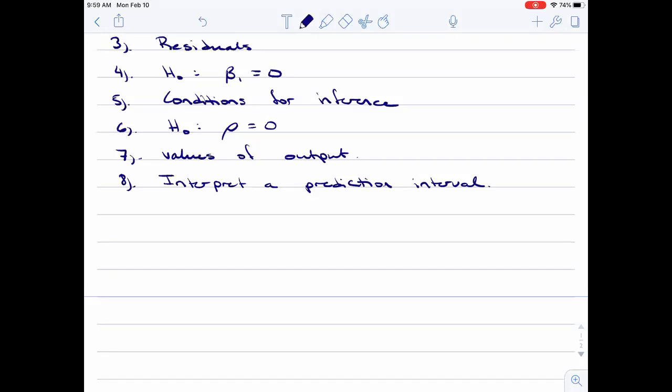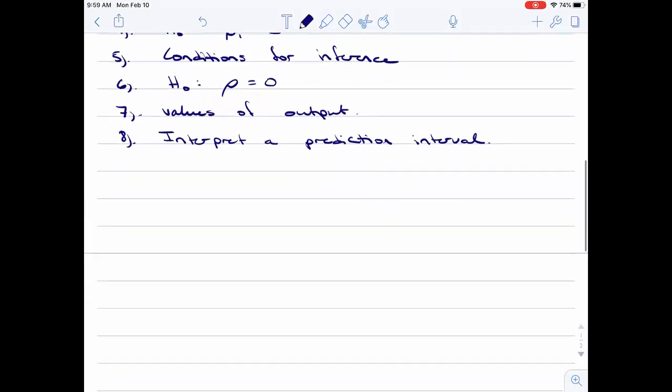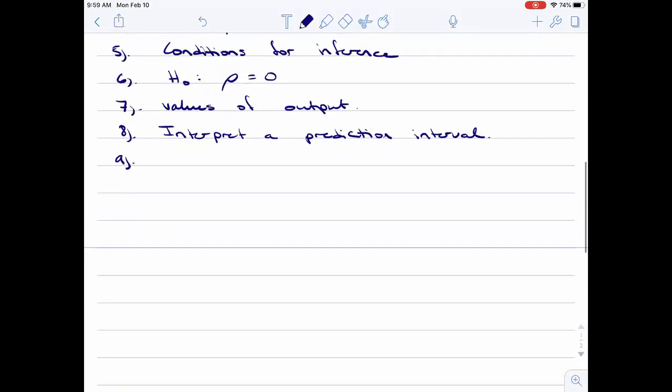A confidence interval is usually for a mean outcome. A prediction interval is just for a single outcome, so it's going to be wider, but just be able to interpret a prediction interval. And then later interpret a confidence interval as well. But for this point, just interpret a prediction interval.